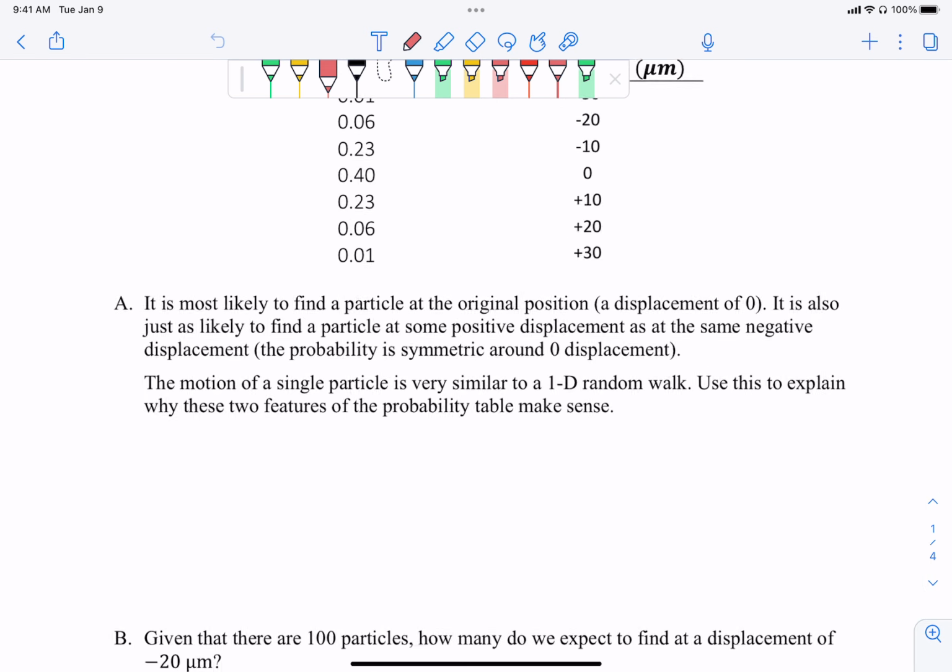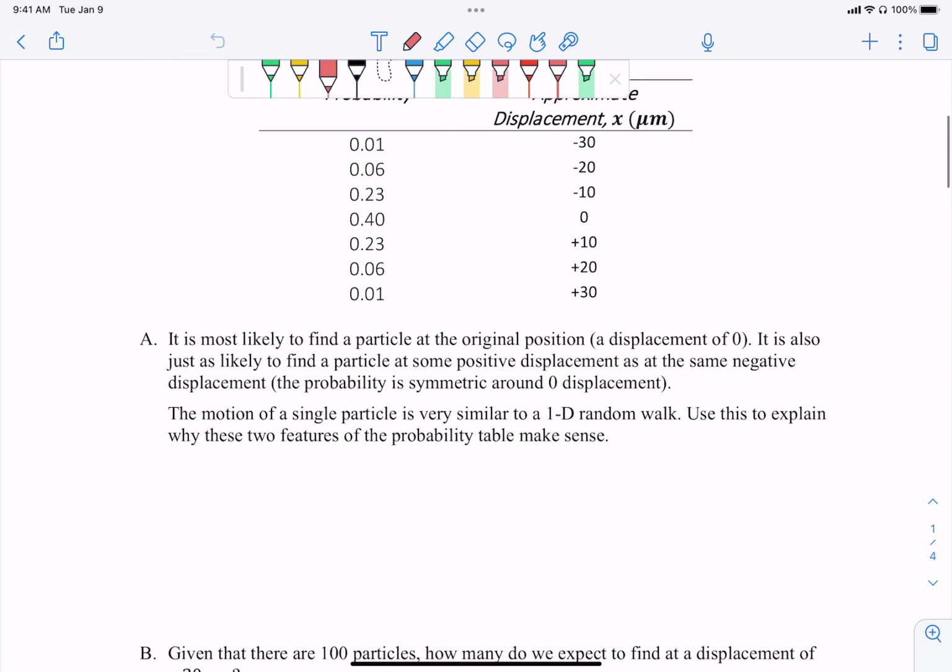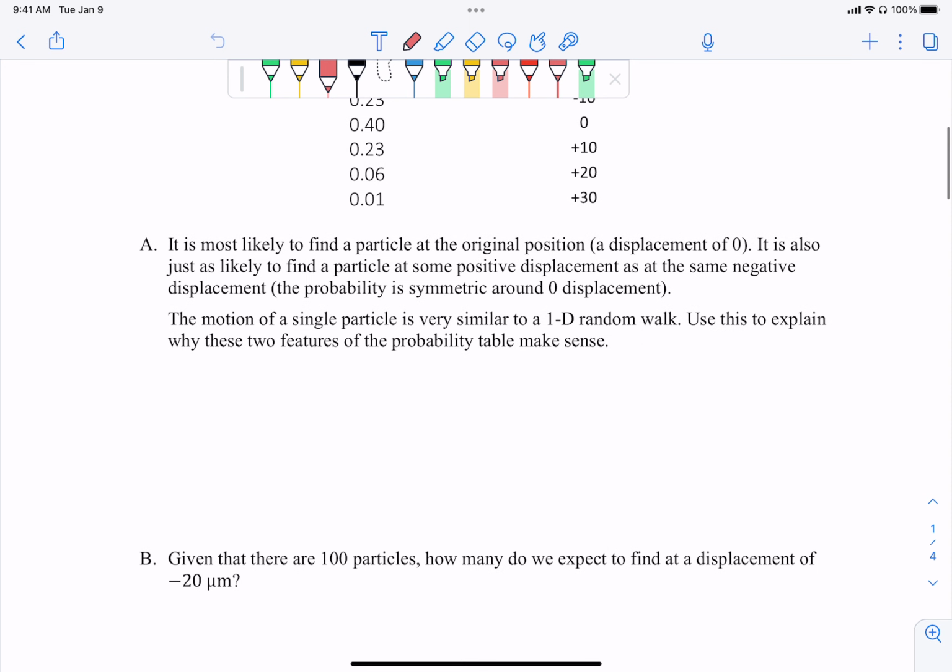So there are a couple different aspects to relating this table to random walk. Number 1, I think, is the easiest: this table has the highest probability at 0 micrometers, right?